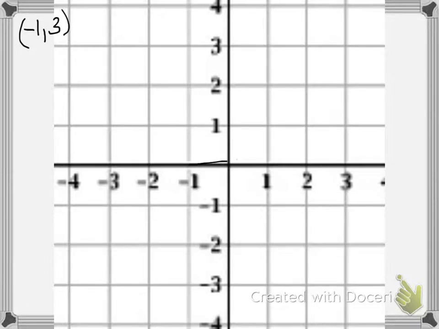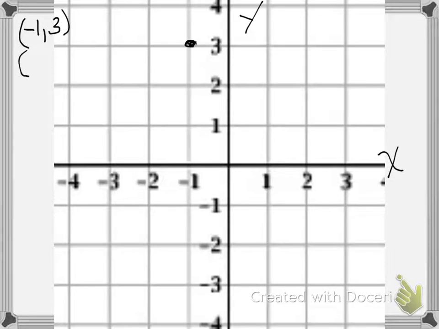And then up the y-axis, because this is our x and this is our y. And then we're going to go up 3. And then we're going to put that point. So I can just erase this. Okay, there's our point at negative 1, comma 3.